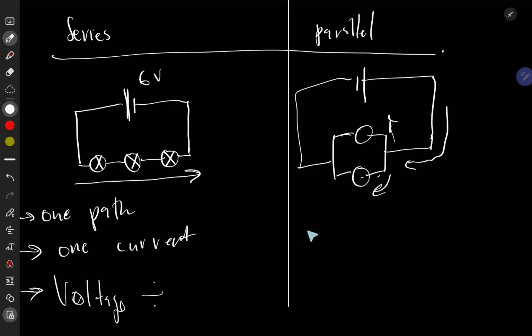Remember there's a word called current. Current is like flow, like water. If this was a pipe and it opens up like this, some water will go in here and some water will go in here. In this case current will divide. In series voltage divides, in parallel current divides.